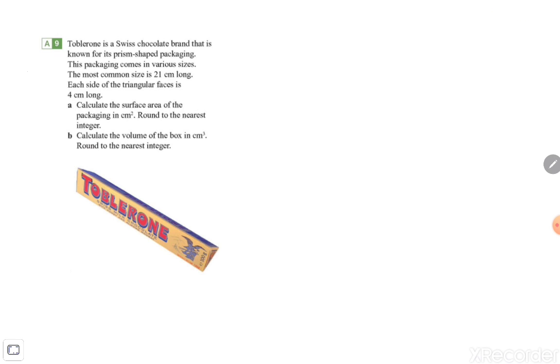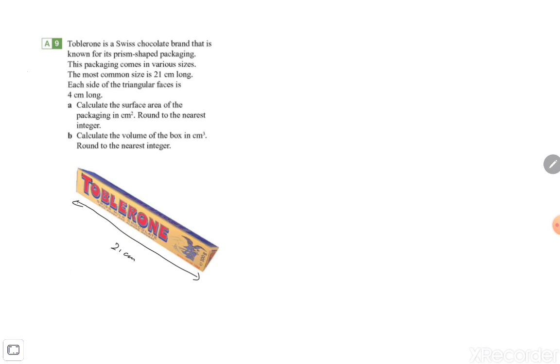And they ask you to calculate the surface area of the packaging in square centimeters, to the nearest integer. Alright, so they already gave you the length of the packaging. It was 21 centimeters.